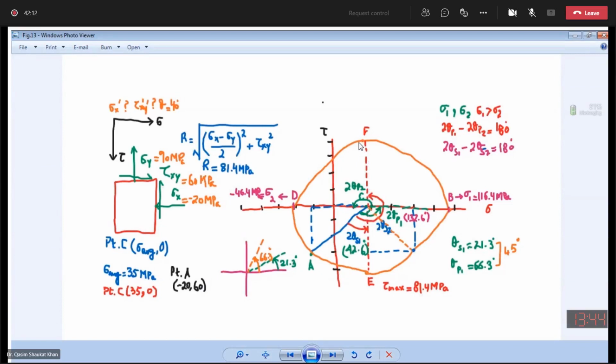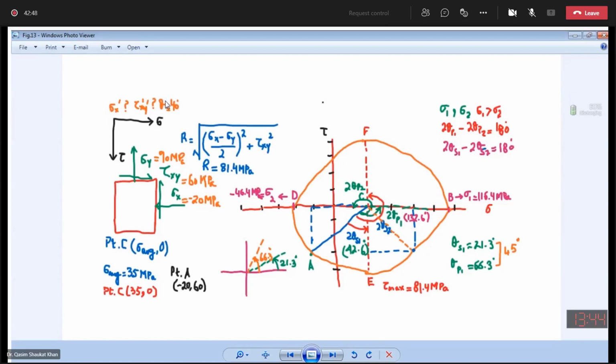Now next thing we need to calculate. Earlier, using the equations, you were given the stress state and your element was rotated at an angle, let's say 20, 30, or 40 degrees counterclockwise, and you were asked to calculate the transformed normal and shear stresses. Now we are going to calculate the transformed normal and shear stresses at an angle of 40 degrees counterclockwise.